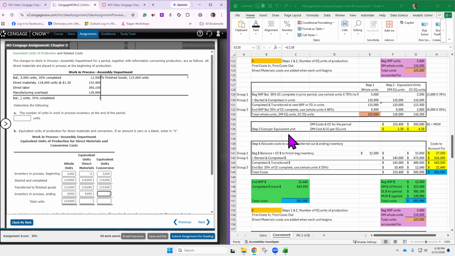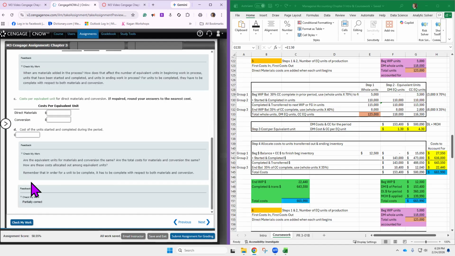And then the ending inventory is 35% complete. Okay, 35%. And then we'll know the number of units. So the number of units in the end is 8,000. We forgot to put that in there. Yep. Okay, so there it is.